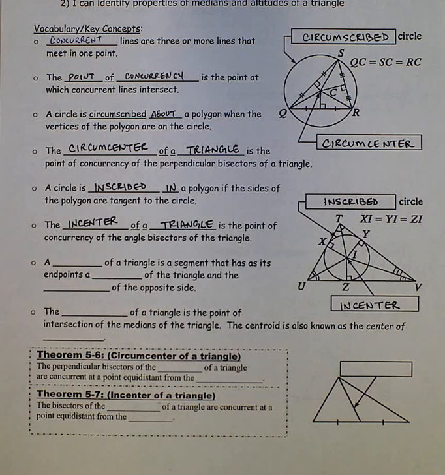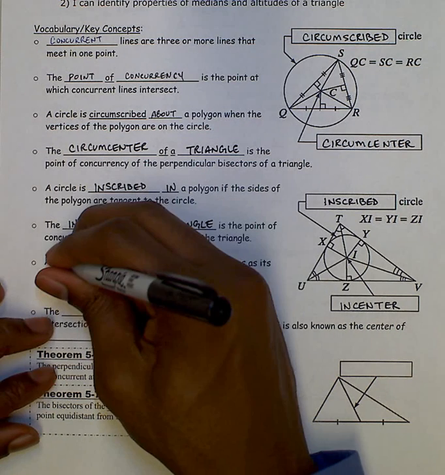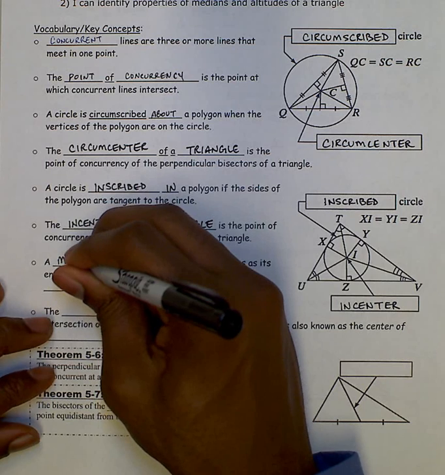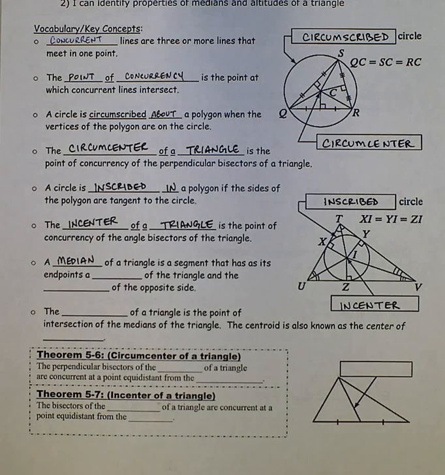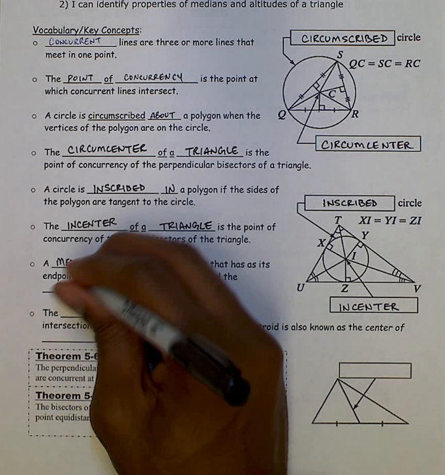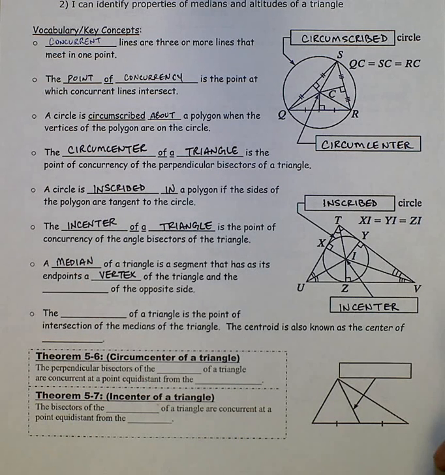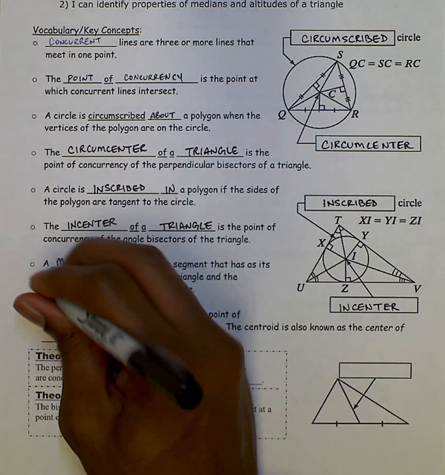Okay, going next, a median of a triangle, and that is not depicted here on this front side. A median of a triangle is a segment that has its endpoints at a vertex of the triangle and the midpoint of the opposite side.